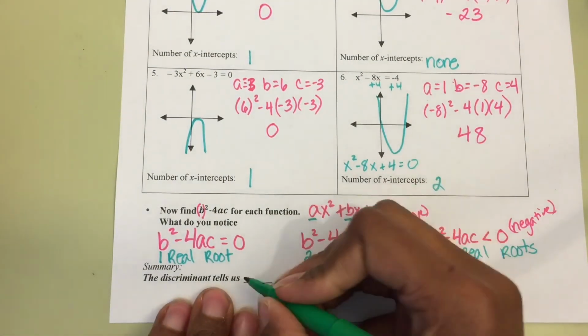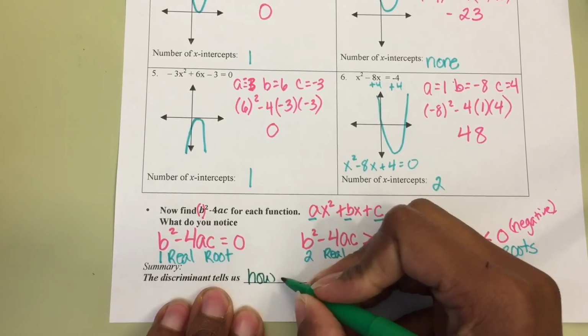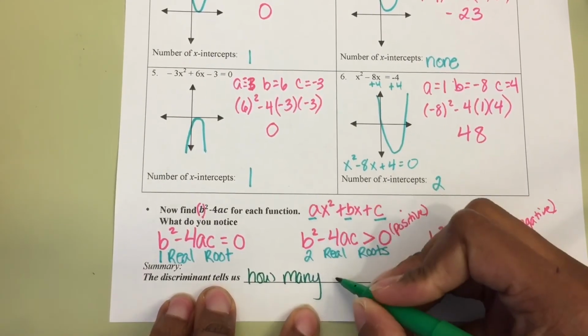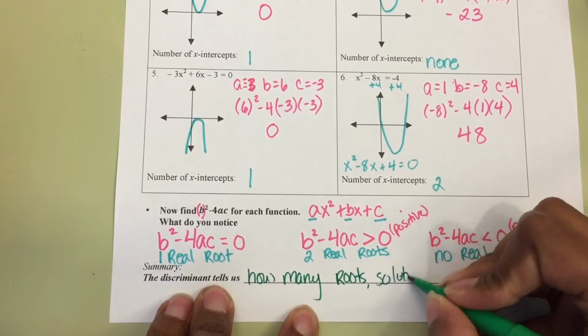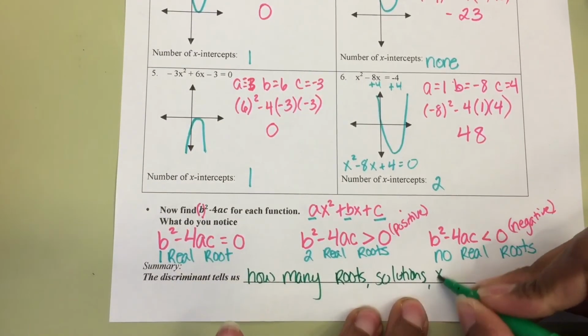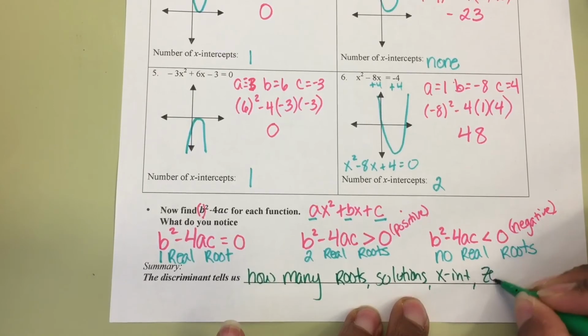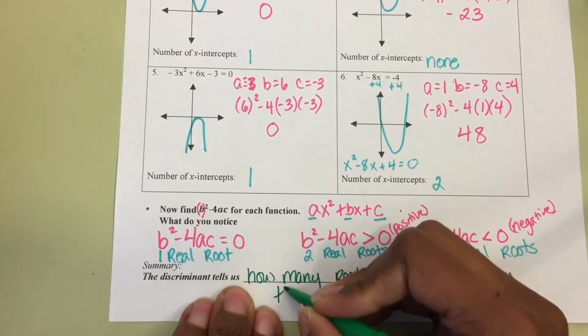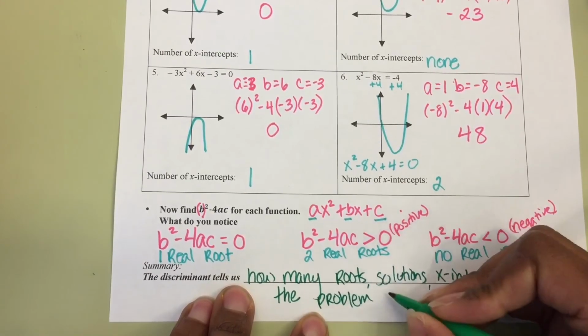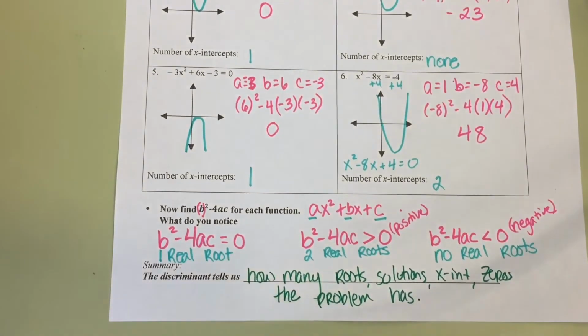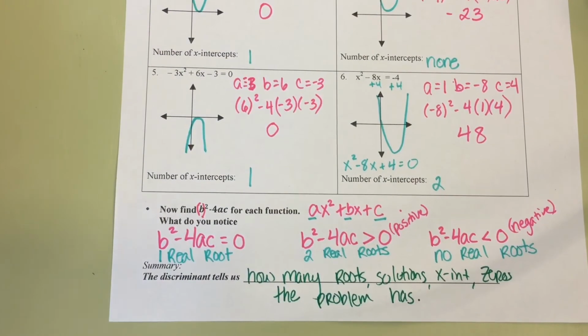So the discriminant tells us how many roots, solutions, x-intercepts, zeros the problem has. Remember, all of those words are interchangeable. That's why I listed them all. Again, you usually see it talking about roots, but they can also talk about solutions.